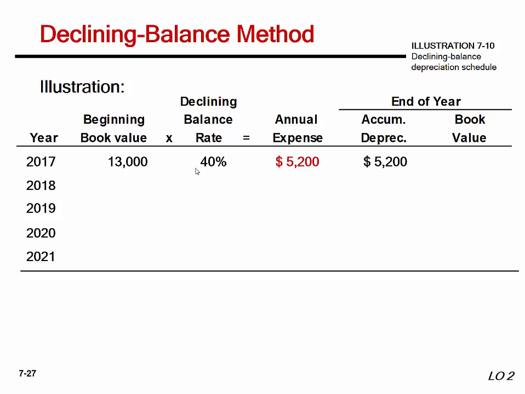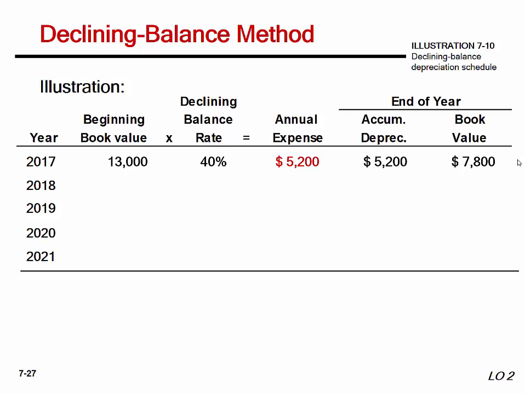Well, same calculation as what you did for the straight line method. Historical cost, $13,000 minus the accumulated depreciation at the end of the year, $5,200. If we do that, our book value or equipment, net is $7,800.